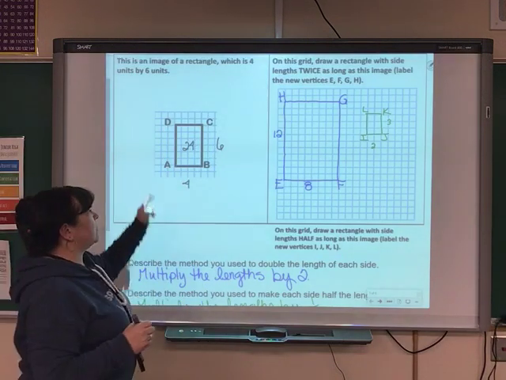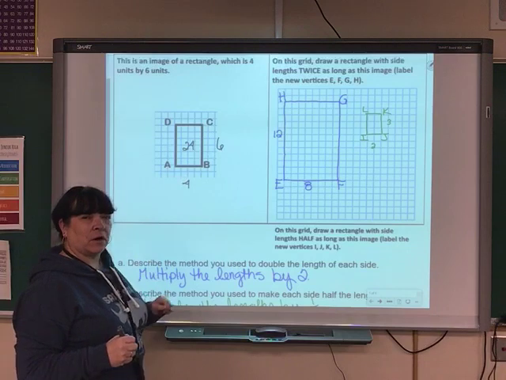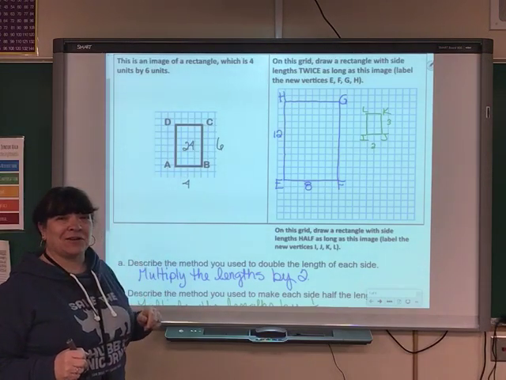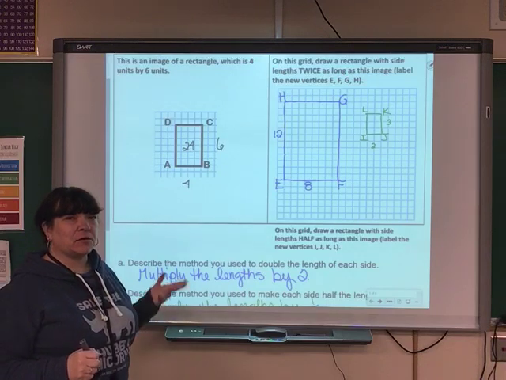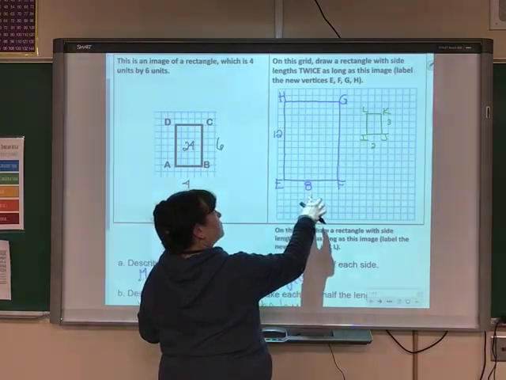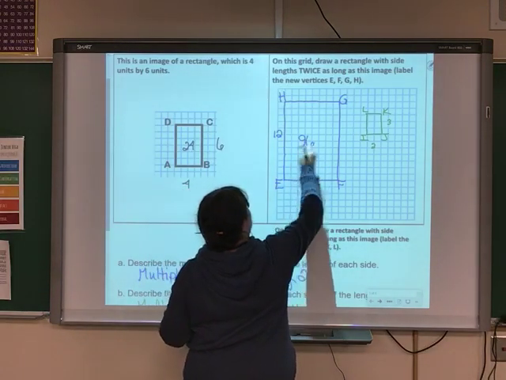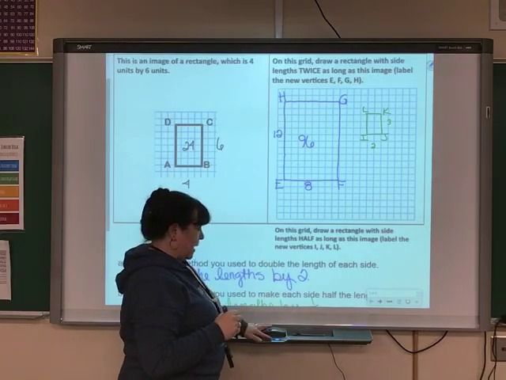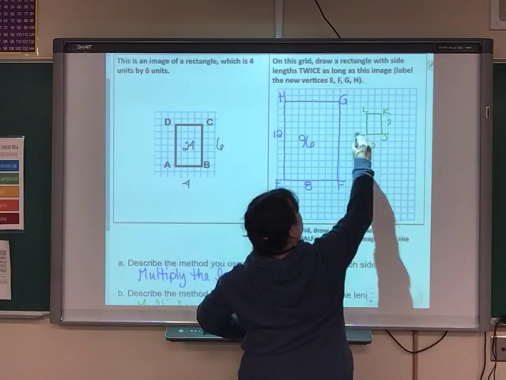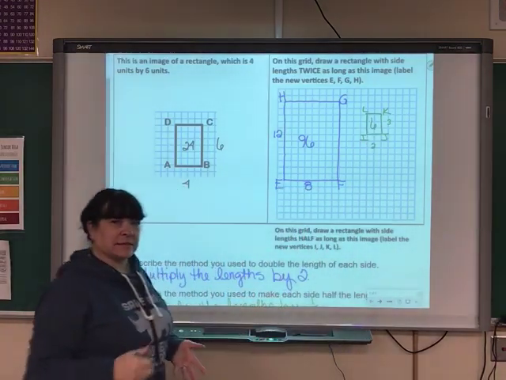We could get that also by multiplying the length of 6 times the width of 4. 6 times 4 is 24. We could sit there and count all of those squares, but it's much faster if I just multiply and say, oh, 8 times 12, that's easy. That would be 96. And the other one is easy to count: 1, 2, 3, 4, 5, 6, or 2 times 3 is 6.